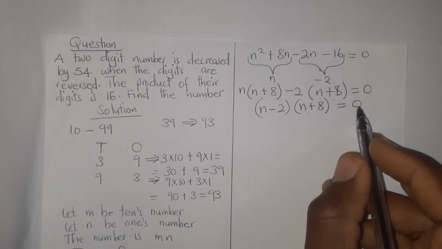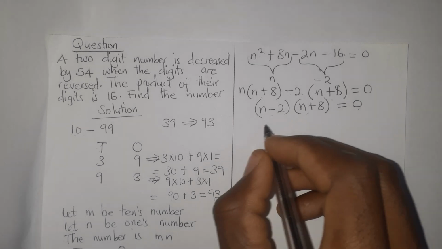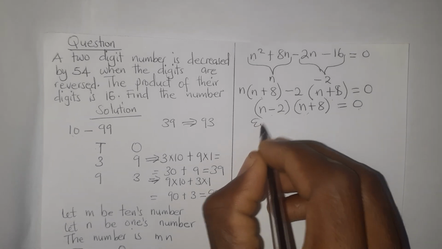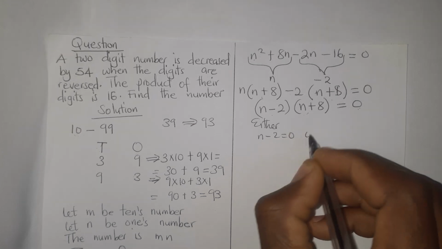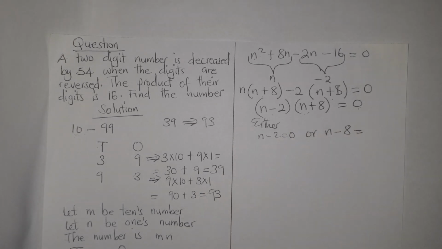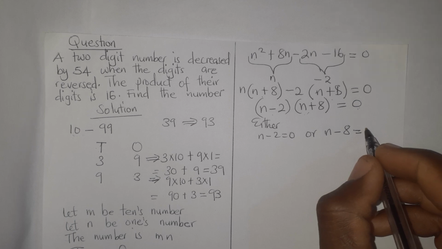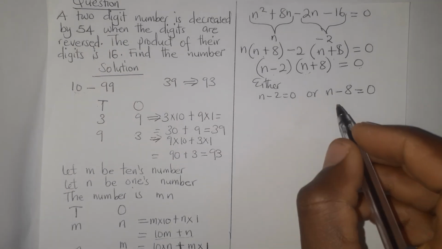To get 0, either one of the numbers should be 0 or both should be 0. Such being the case, we say either n minus 2 equals 0 or n plus 8 equals 0 as well. We are doing this to get the value of n.